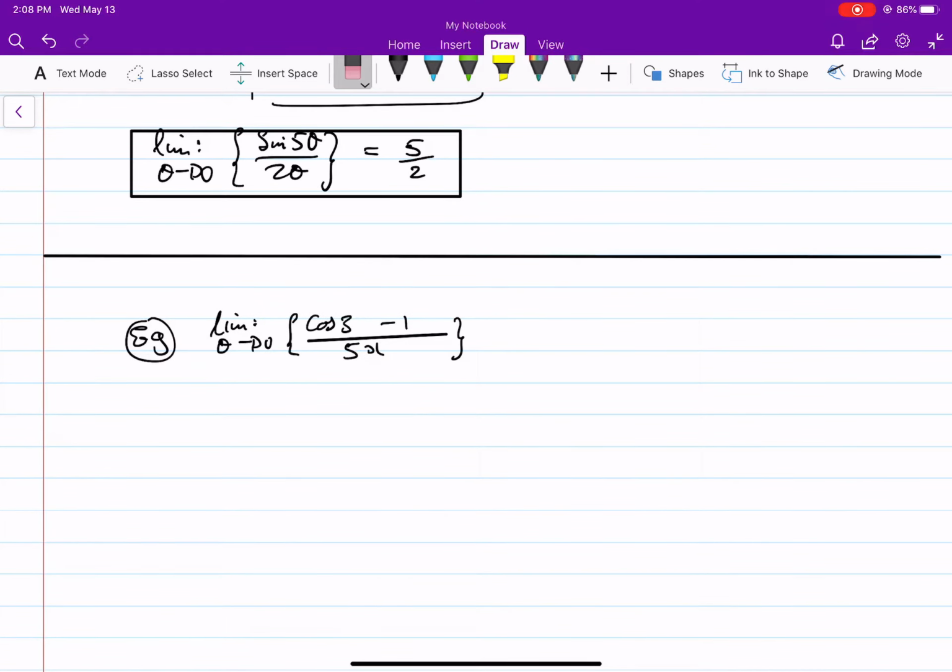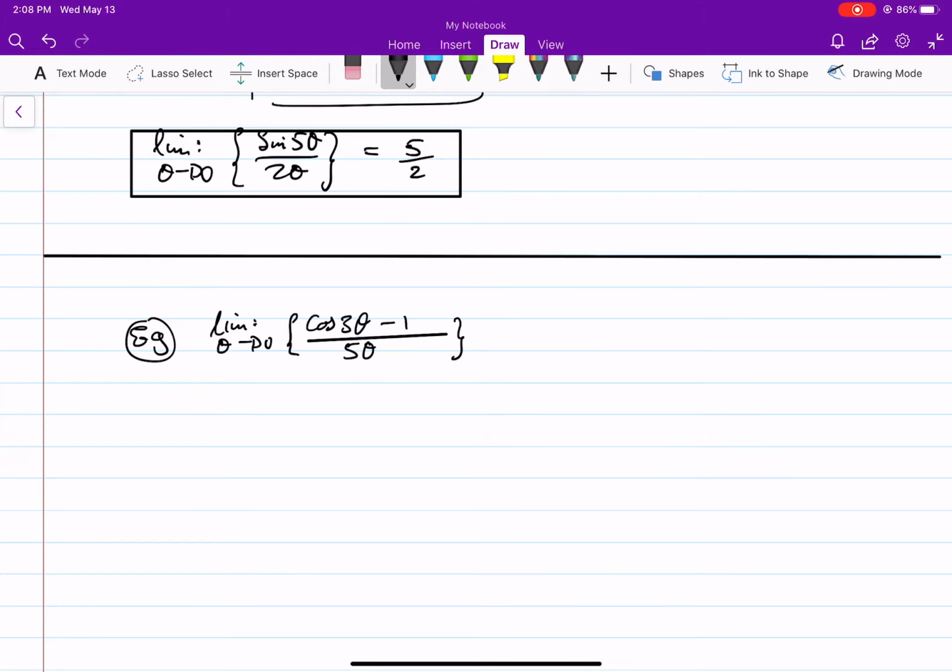You can't have theta approaching and then the variable is x. I would like that 5 theta in the bottom to be replaced with 3 theta. Remember, I can't remove the 3 from the cos 3 theta. So I might as well try to remove the 5 from the 5 theta in the denominator.